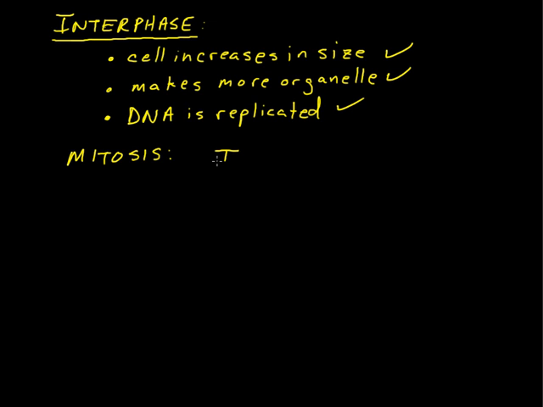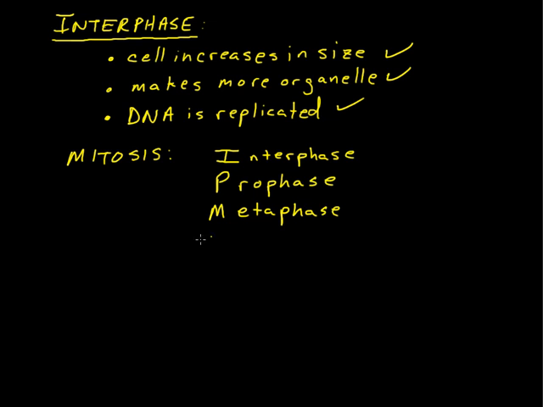If we start with interphase, although it's not technically part of mitosis, I'm going to go ahead and write it here anyway. We start with an I for interphase, and the next one is referred to as prophase, in which certain things happen. And then the next phase is called metaphase. Then we have one called anaphase.